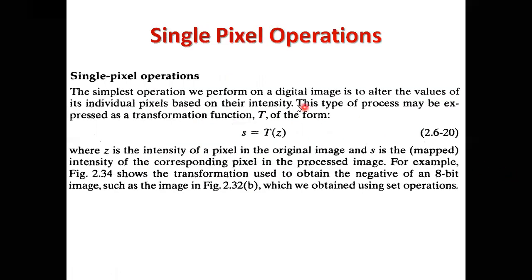If you are taking single pixel operations, the simplest operation we perform on a digital image is to alter the values of its individual pixels based on their intensity. So based on the intensity level, we are taking these pixel operations.